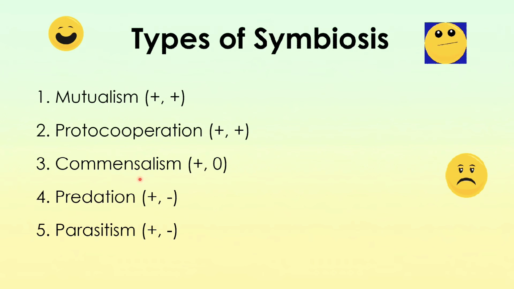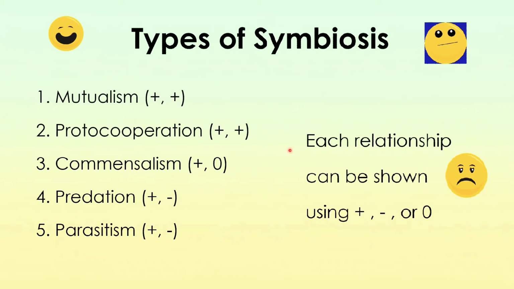Number 3 we have commensalism, with positive and 0, which we call neutral. We also have predation, which is a positive and negative sign. And for parasitism, positive and negative.